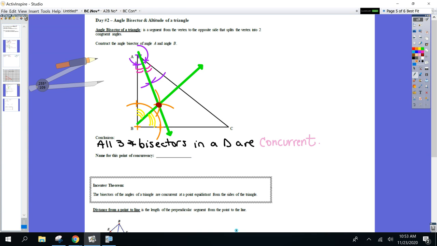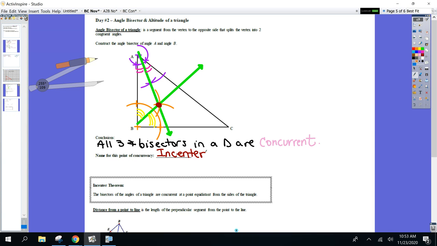It's called the incenter. Incenter. Okay, so the angle bisectors intersect at a place called the incenter.